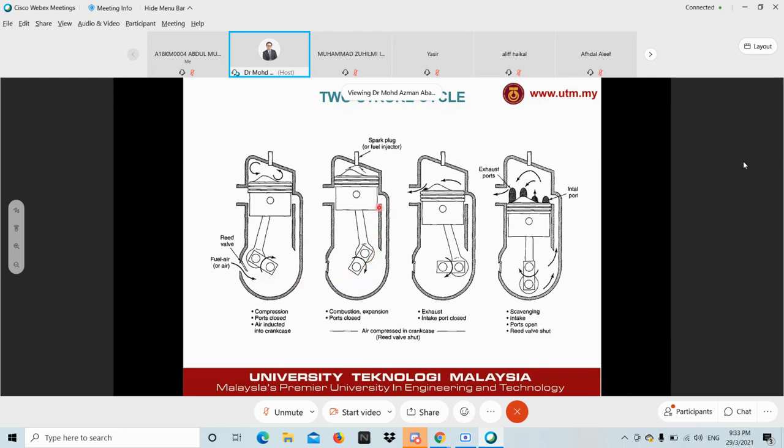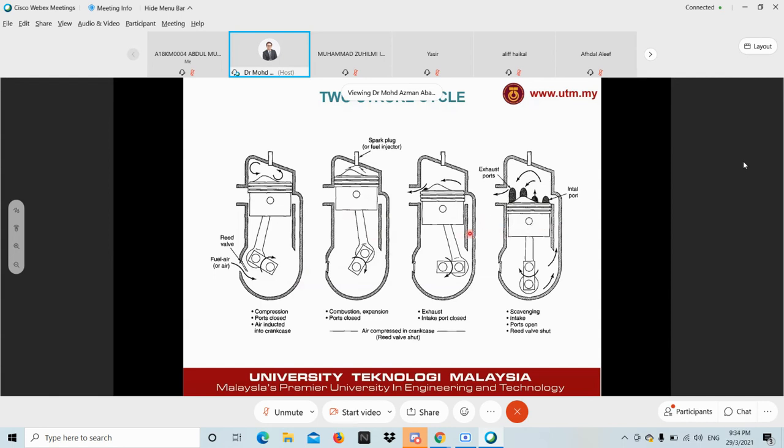It goes up as the piston goes up. There's a special channel that goes into the combustion chamber, and as the piston goes down, it goes through the exhaust port. In other words, the piston itself acts as the valves, or what they call ports. So there are no valves in this case.